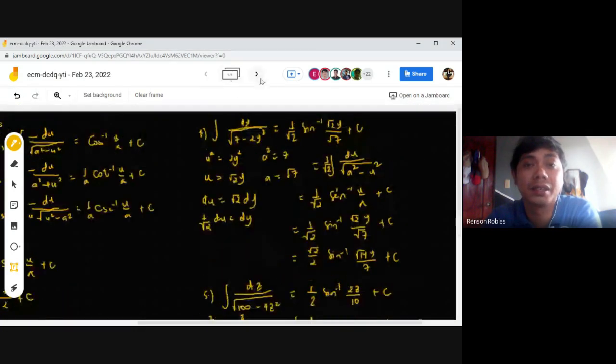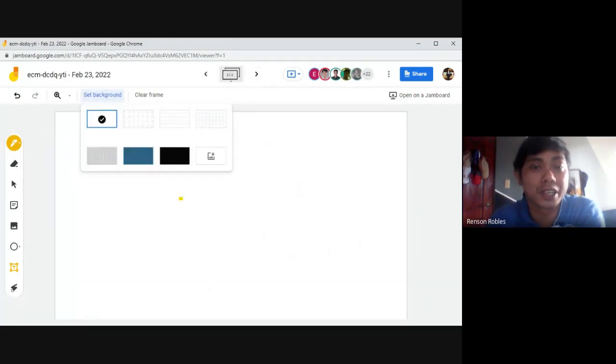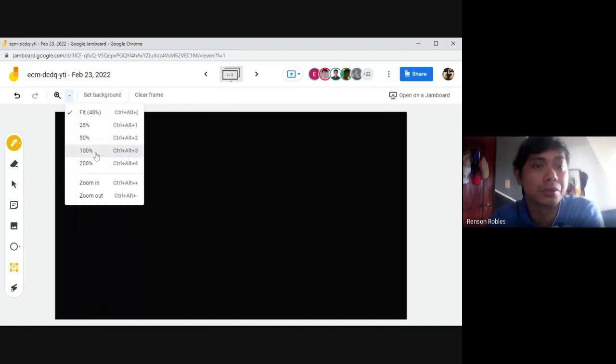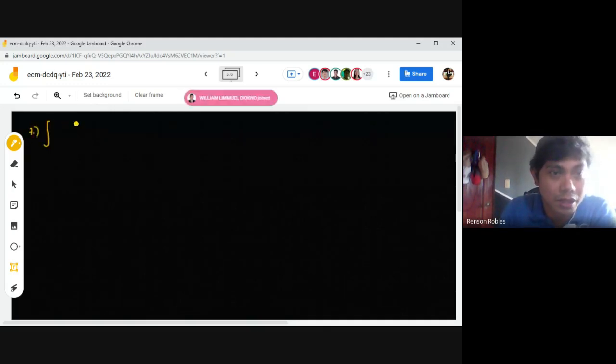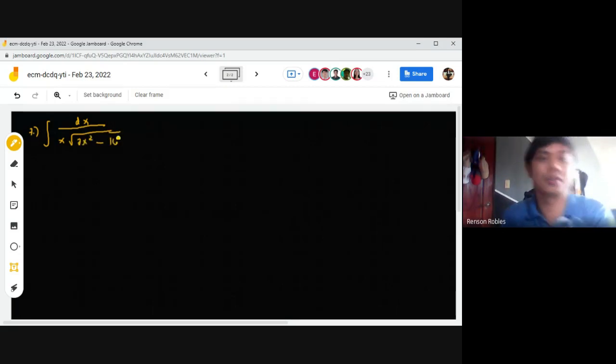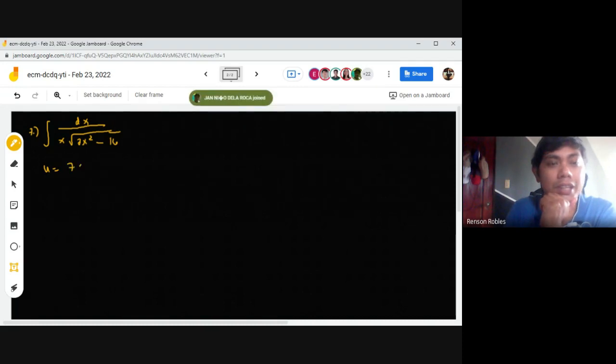Another one, number 7. You follow me on the next board. I'm on page 2, number 7. I'll go on with secant. So you know the next one, it's secant. Say dx over x times the square root of 7x squared minus 16. Let's use substitution. U squared equals 7x squared.